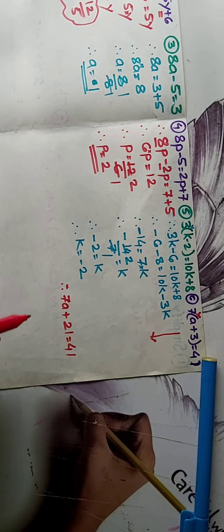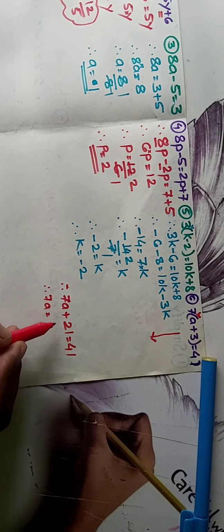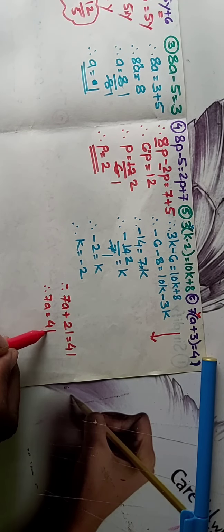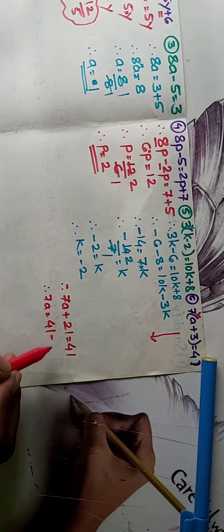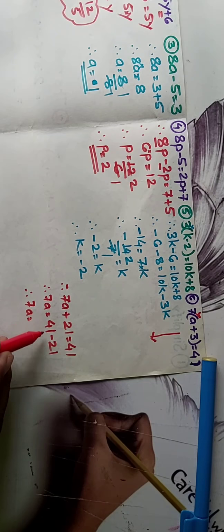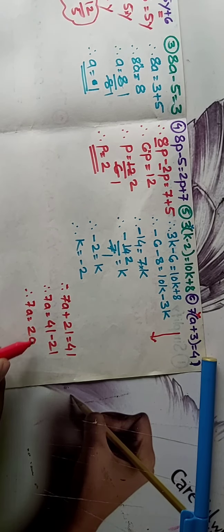41. Now 7a as it is we have to keep here, and this plus 21 transposing here, first write 41 and this plus becomes minus here, so 21. Therefore 7a is equal to 41 minus 21 is equal to 20. Now as I told you, here in between variable and coefficient there is only a multiplication sign. Therefore we have to find the value of this variable.